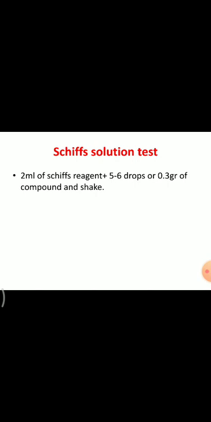Coming to the test, first of all, in a clean and dry test tube, we take 2 ml of Schiff's reagent, and we add 5 to 6 drops of the given compound. If the compound is solid, we add 0.3 gram of the solid compound.